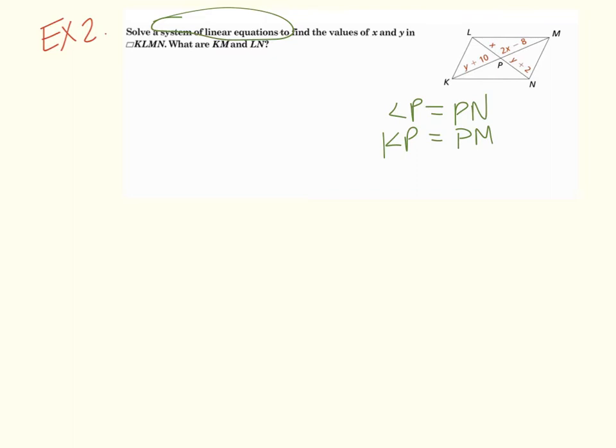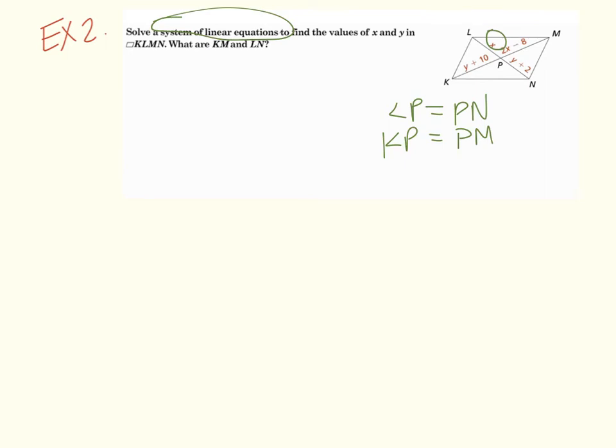By creating two equations, you can use substitution, elimination, or graphing to figure out the values of x and y that make both of them true. My favorite is elimination, but not all the time is it set up for that. Usually substitution is what you're going to have to use. If you see in here, we have just a single x, so substitution's probably going to be what happens.